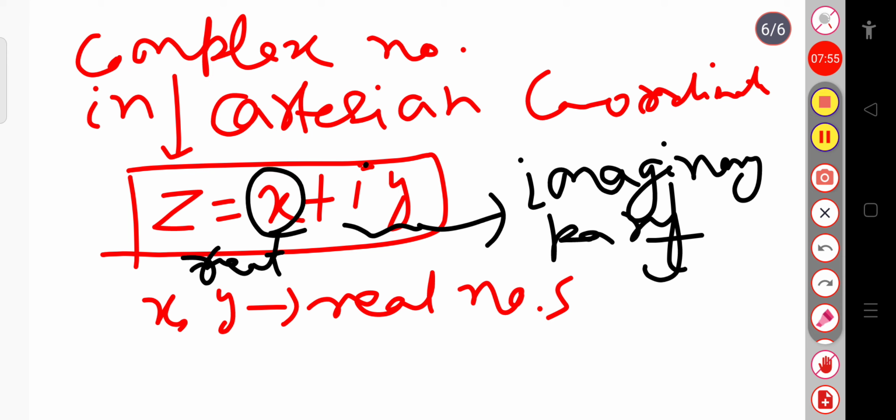Clear? This is the imaginary part of z and this is the real part of z. x is the real part of z and y is the imaginary part of z.